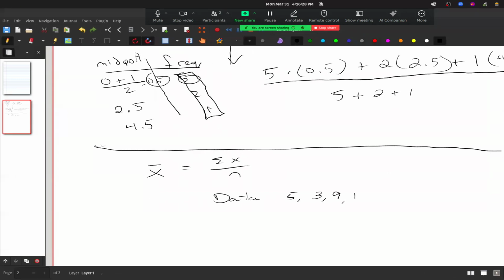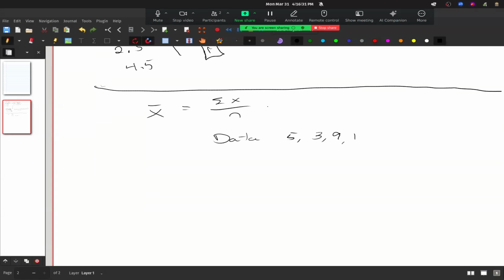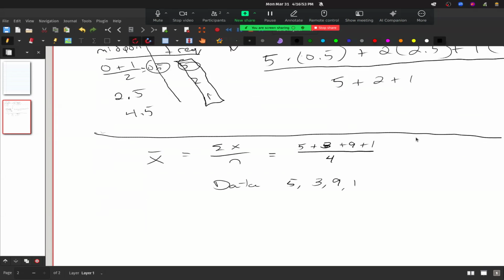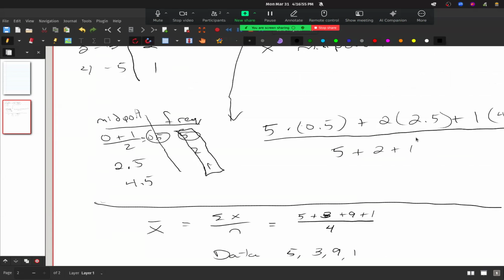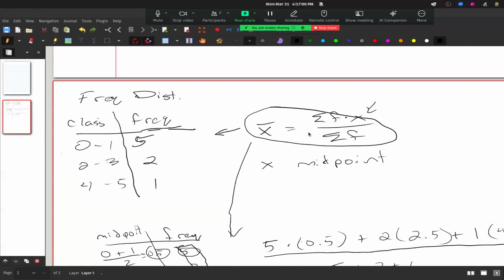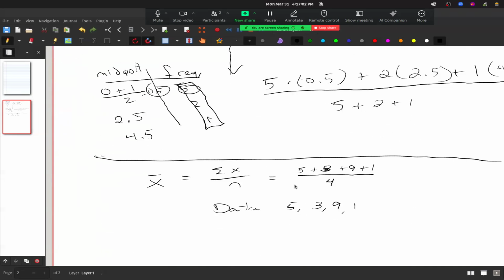If you had to find the mean of that data, this formula is just saying, add the data up, so 5 plus 3 plus 9 plus 1, and then divide it by the number of data that you have. Does that make sense? So if you're trying to juxtapose those, that's kind of the big difference. One of them is the mean for a frequency distribution. The other one is a mean for just a set of data.